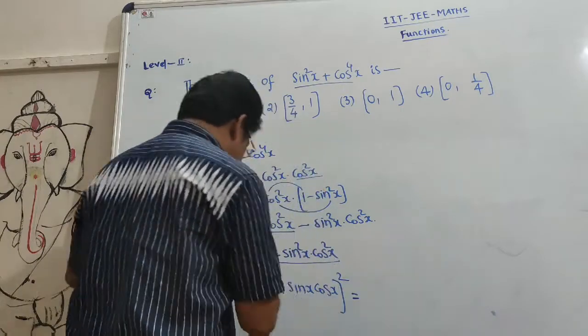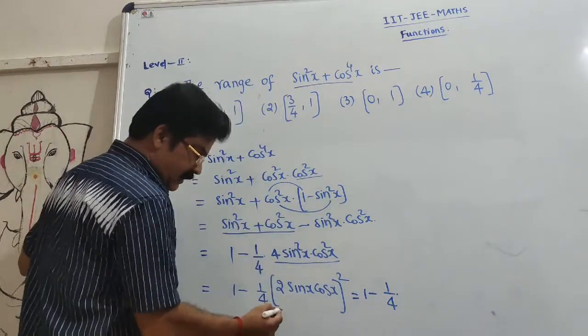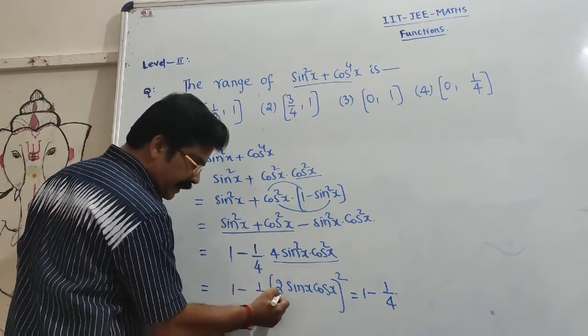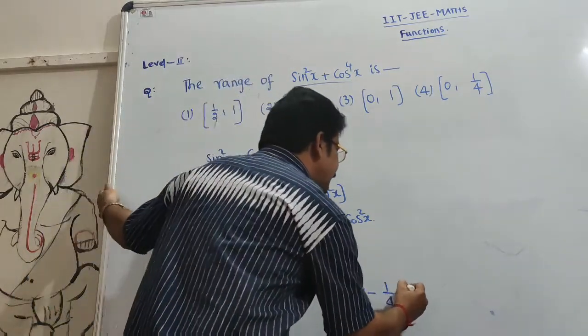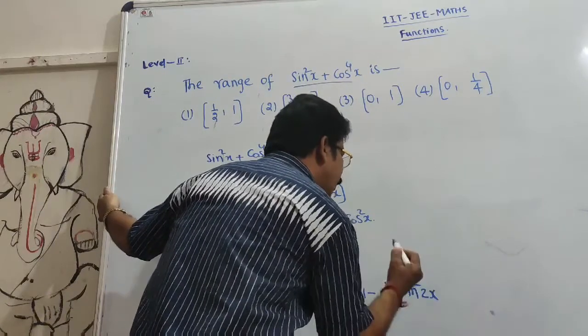So that is equal to 1 minus 1 by 4 into, in multiple and submultiple angles, 2 sin theta cos theta can be sin 2 theta. This is sin 2 theta, and sin 2 theta means its whole square.